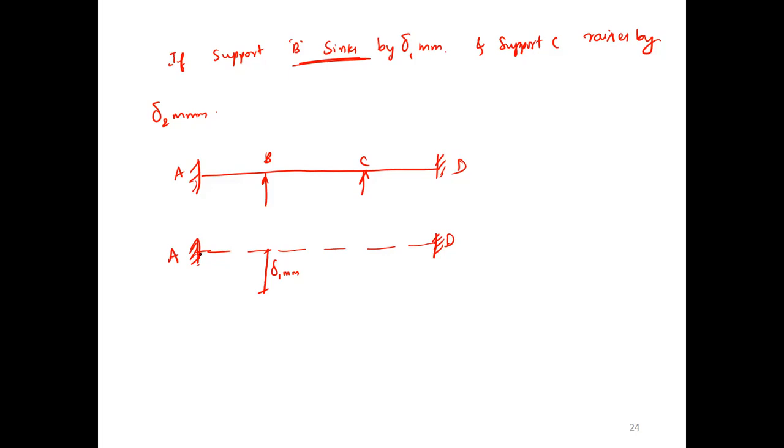Now your AB portion will come to here. This is AB shifted. Now at point C, is it rising or sinking? Rising. So it is rising by delta 2 mm.